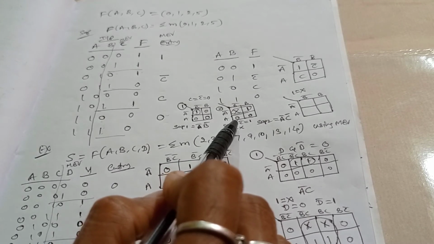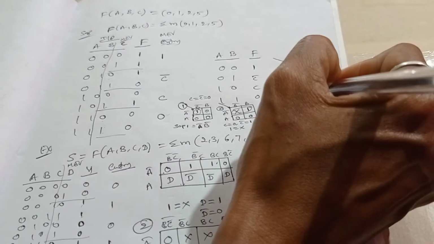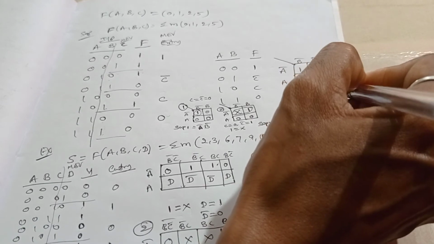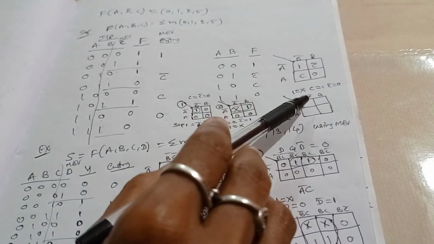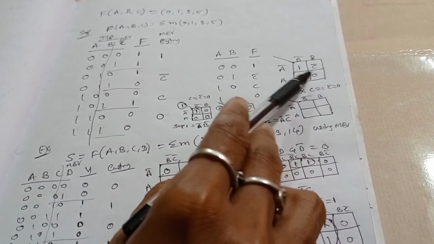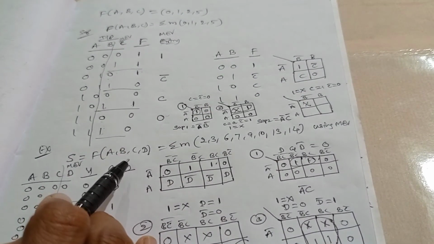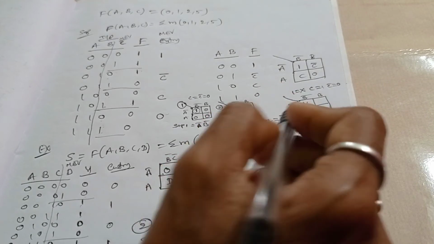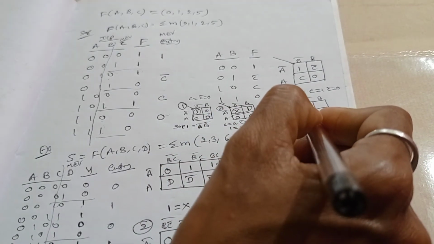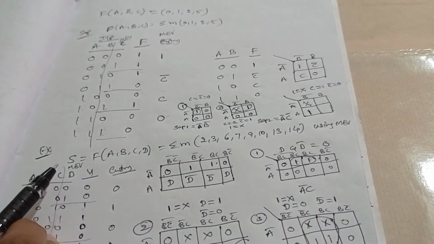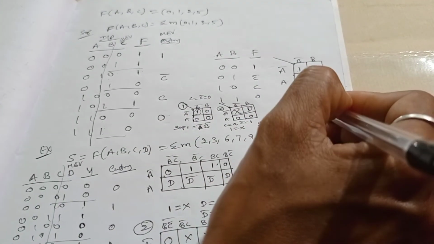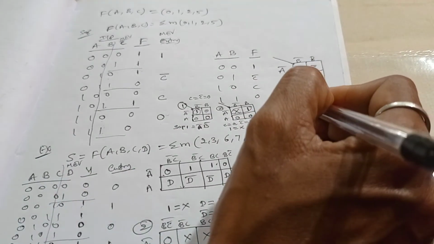Now C is replaced with 1, that is C is equal to 1, C bar becomes 0. C is 1, C bar becomes 0. So replace this 1 with don't care and C with 1 and C bar with 0, as it is, this 0. Now do the pairing, we'll get the SOP.